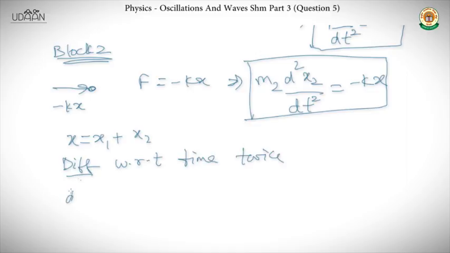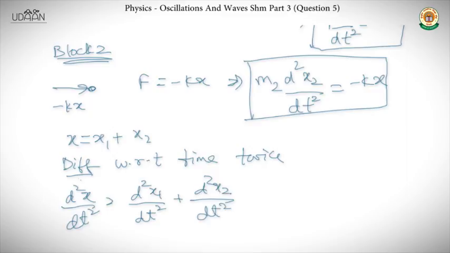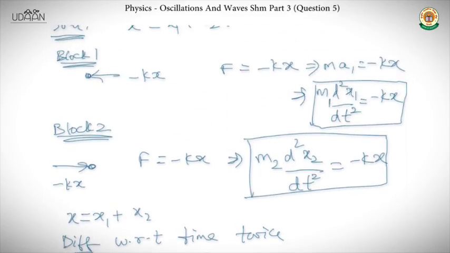So what you get is d²x/dt² is d²x1/dt² plus d²x2/dt². So you already have the values for d²x1/dt² and d²x2/dt² from the force equations of block 1 and block 2.